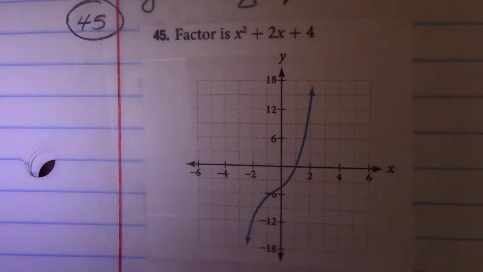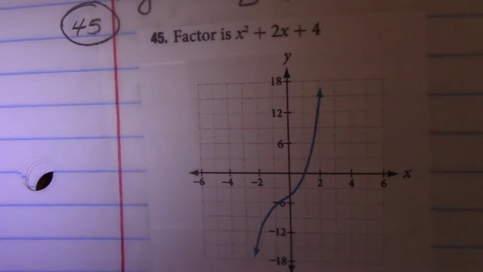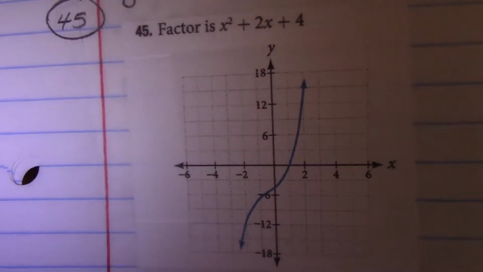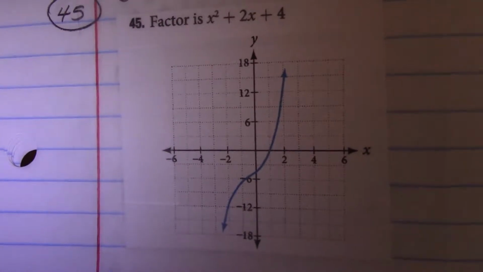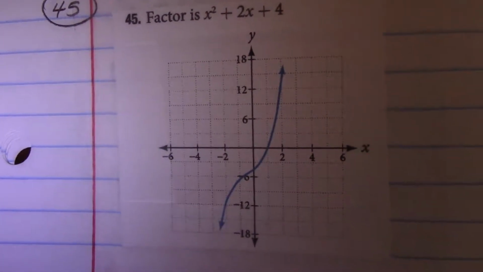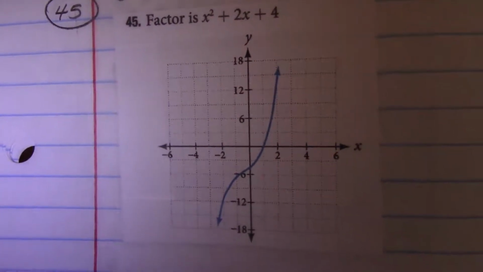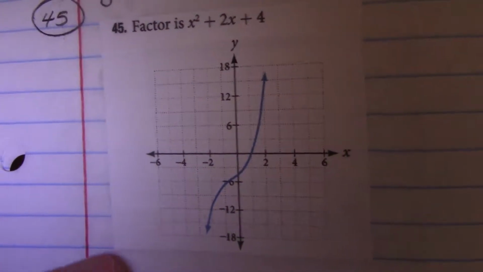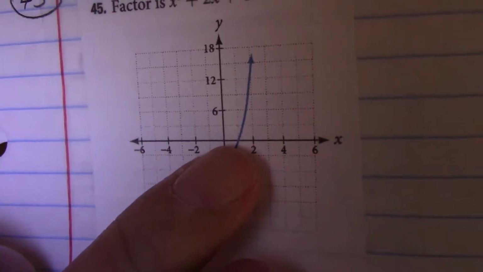They gave us a second-degree polynomial, a quadratic, as one of the factors, and they say it's a third-degree polynomial, so we're looking for another polynomial of degree 1 to write the factorization of this. And you'll note the 0 is at x equals 1.